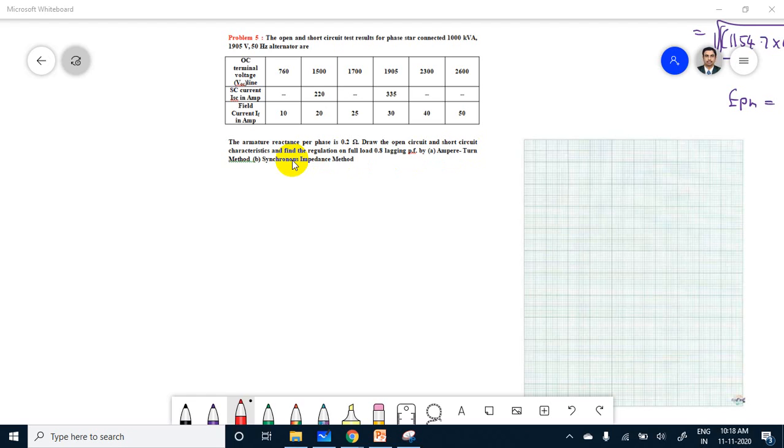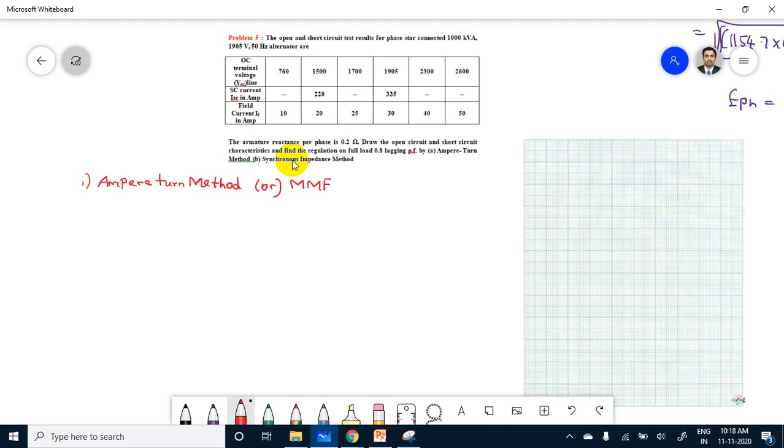Ampere turns is the first method we are going to solve. The ampere turn method has another name, the MMF method.